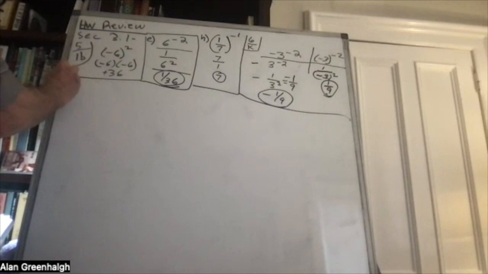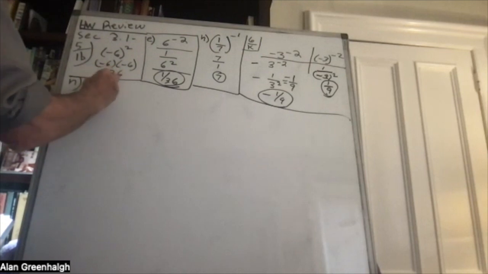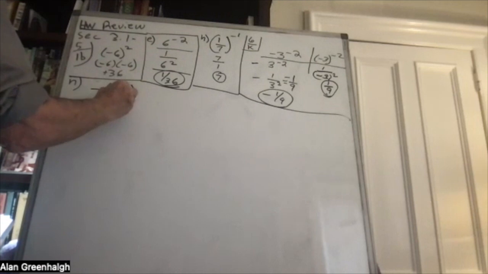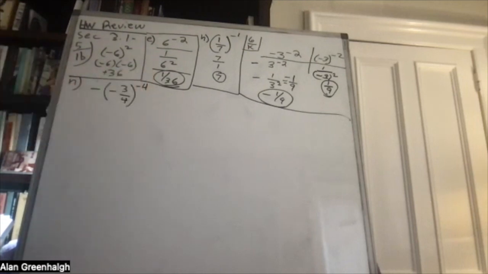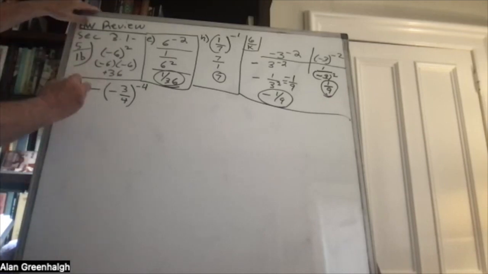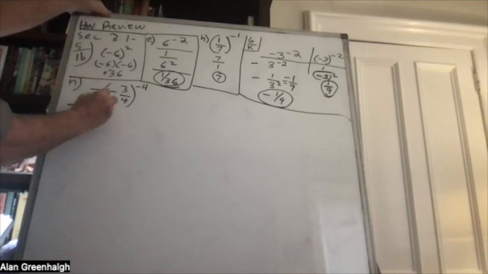Problem N is the next one on page 6. This is an interesting problem. They're getting more and more interesting as we go through this. So this is what it looks like. And once again, you see, that negative should be put aside for a minute. Put it over there and just look at -3 over 4 to the -4th power.